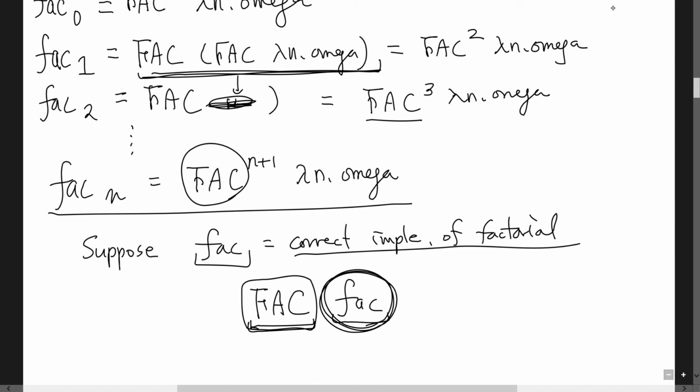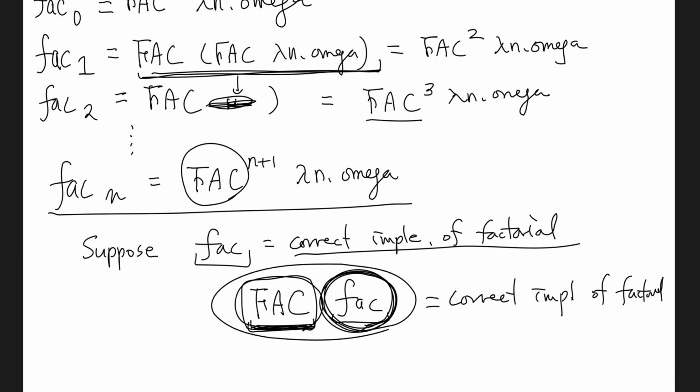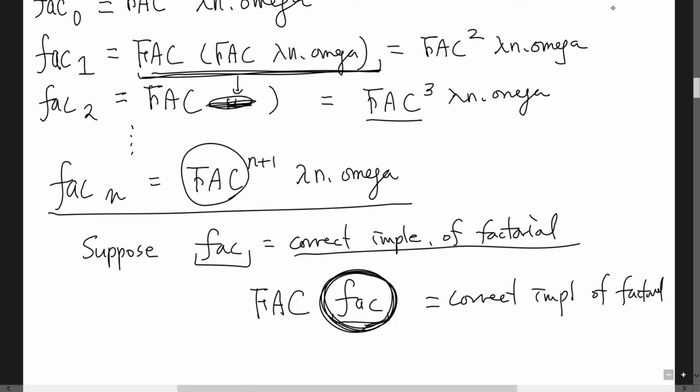Then this capital fact always returns an improvement. But there's no room for further improvement because this factorial function already calculates factorials correctly. So this is also a correct implementation of factorial. That's the key observation. So in this sense, we may equate these two expressions informally.